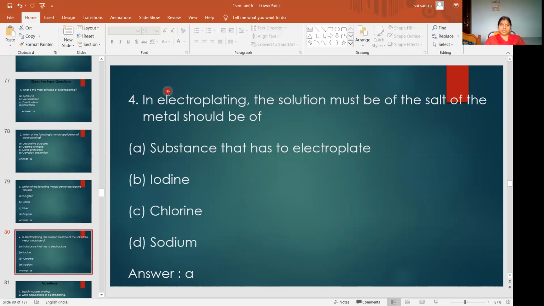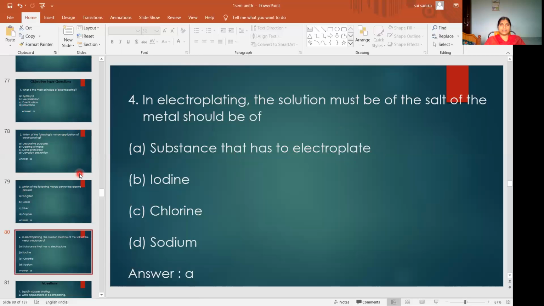Among these options, which should the salt of the metal be of? Once again we'll read the question. Whatever electrolytic solution we are taking in electroplating, that solution must be of what among these? Sodium? No. Chlorine? No. Iodine? No. So what is the answer? Substance that has to be electroplated.